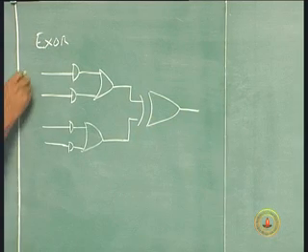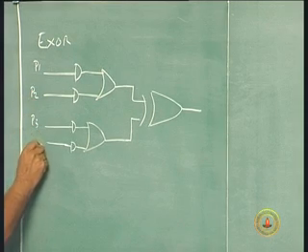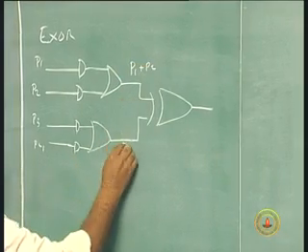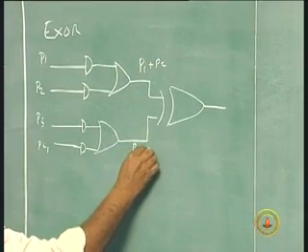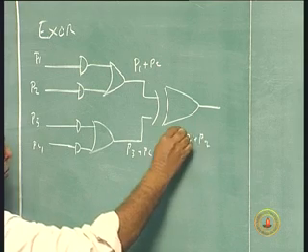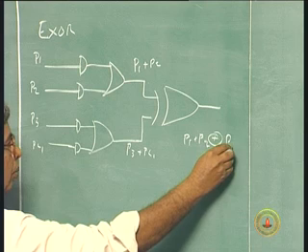So, this is P1, P2, P3, P4, this is P1 or P2, P3 or P4, and this is P1, P2, exclusive OR, P3, P4.